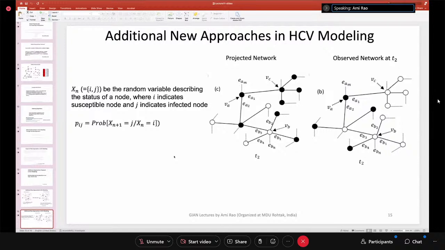Like HIV, the other day you saw controlling the spread. So these models can help bring better government policies, so that they can reach the population who are in need.